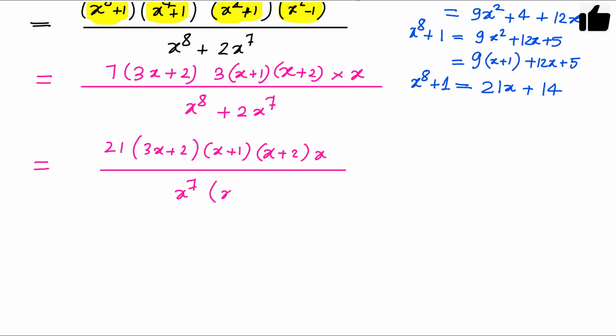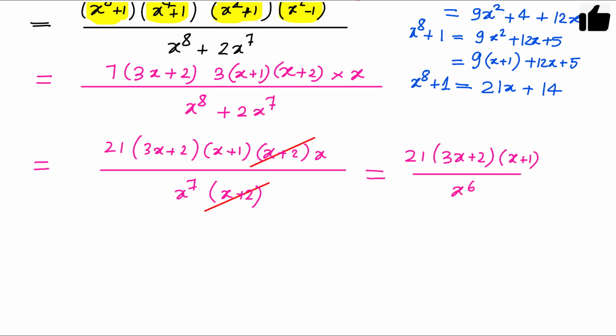So this will be (x plus 2). Now see, this term and this term cancel out. In fact, x also cancels out. So we will have 21 times (3x plus 2) times (x plus 1), and this divided by x raised to the power 6.